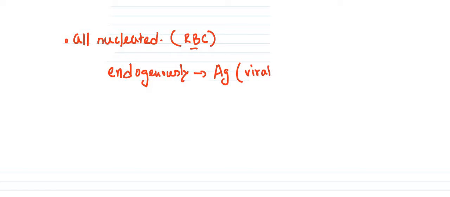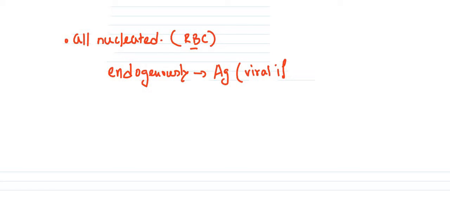Alright, and what is the function of MHC1? They present the endogenously synthesized antigens to the CD8 plus cytotoxic T cell. And you might be wondering what the endogenously synthesized antigens are. They may be from a virally infected cell.